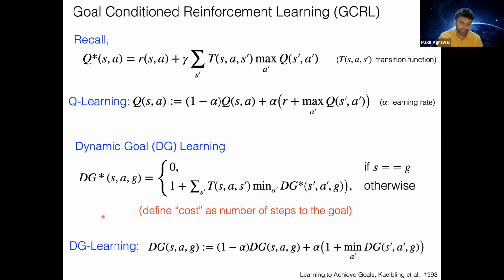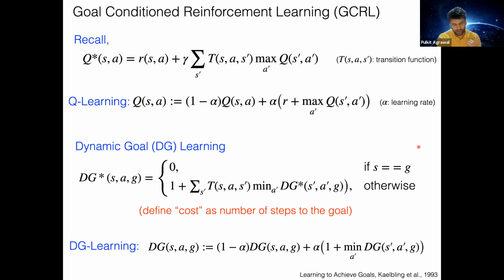And we can do DG learning, which is very similar to Q-learning, and learn a policy which can go from any state to a particular goal, or to a set of goals if I were to define them. Is this setup clear? Any questions about what DG is over here? No? Okay.